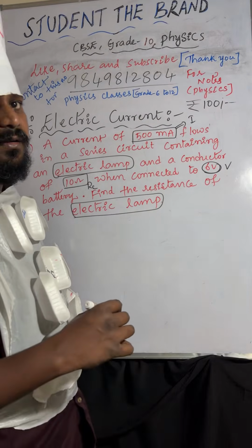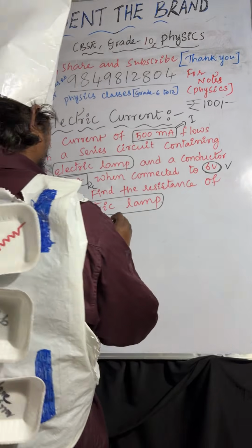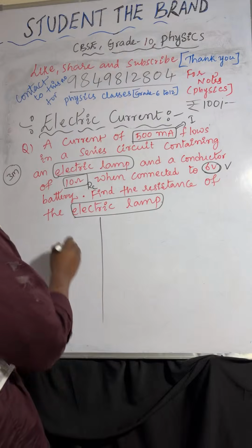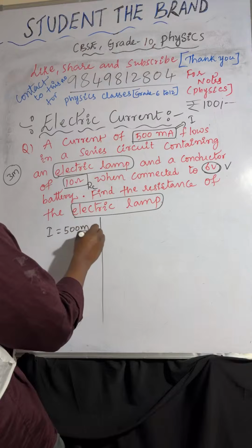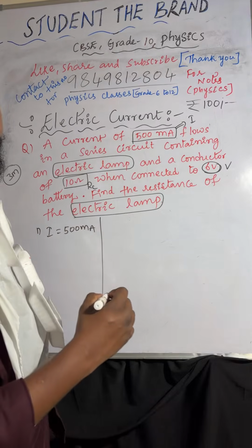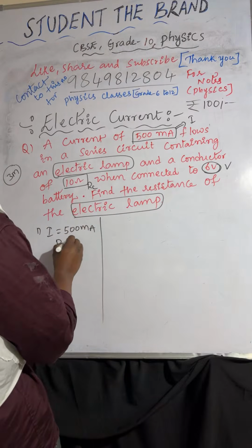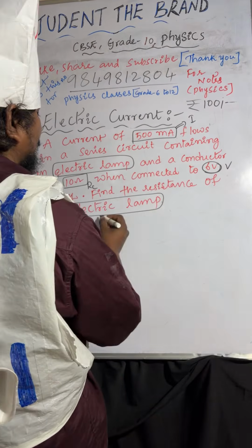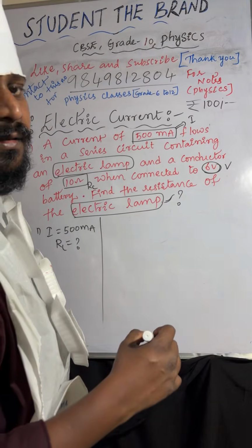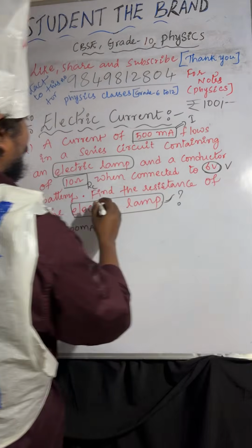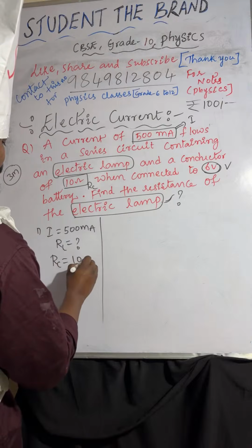Now, current is given, you have to write the values. So I'm writing this side: I equal to 500 milliampere. So point number 1. And coming to the next one, electrical lamp, RL. RL they didn't give. We have to find out the resistance of the lamp only, right? So we need to find that answer. Conductor resistance RC is given, how much? 10 ohm.